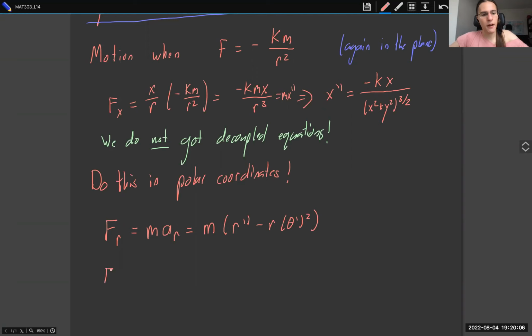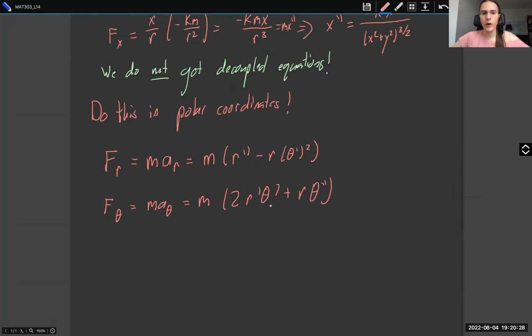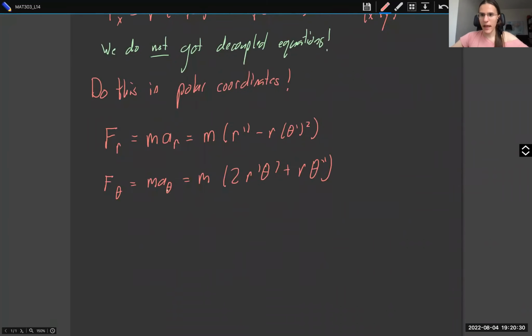And F theta is equal to m a theta, which is m times (2 r prime theta prime plus r theta prime prime), and we already saw this equation before. Now, as before, when we did the analysis of angular momentum, F theta is equal to 0 because the force is central.